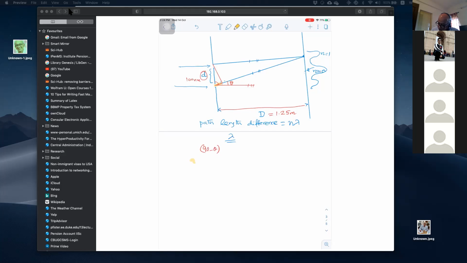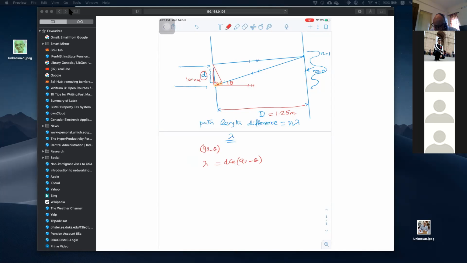Is it sine? You think about it. No. What you thought was in the correct direction, but this one is the hypotenuse, and that is the angle 90 minus theta. So the hypotenuse, which is equal to d into cos 90 minus theta, will be the path length difference, and this must be equal to lambda.